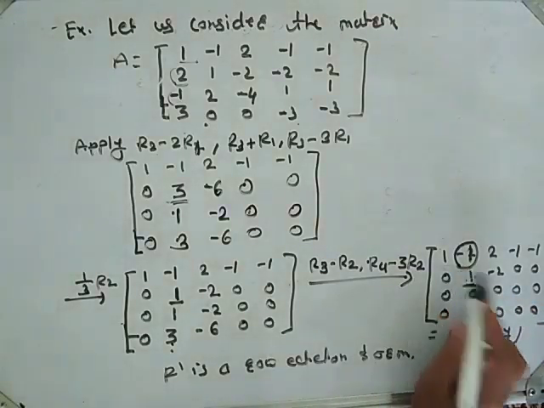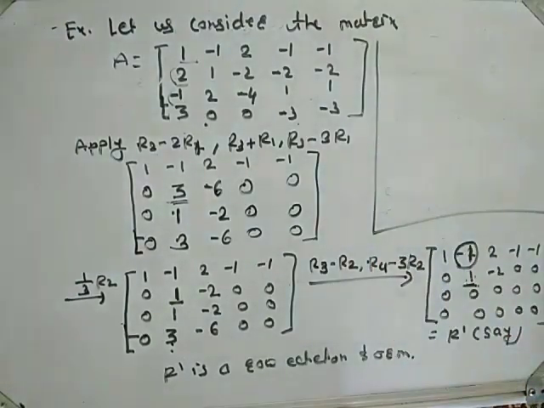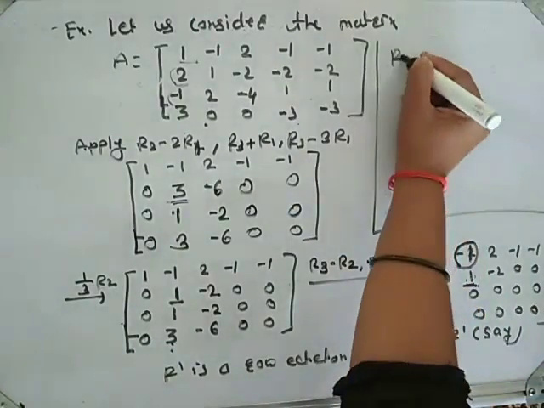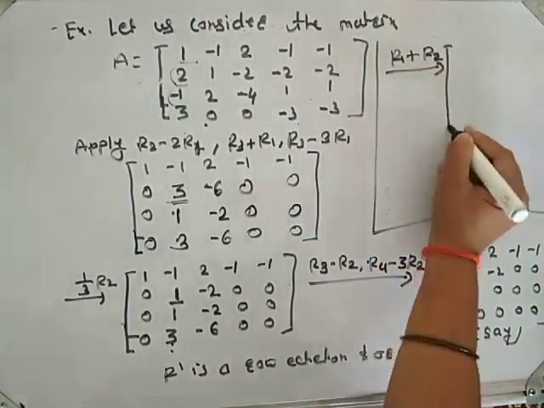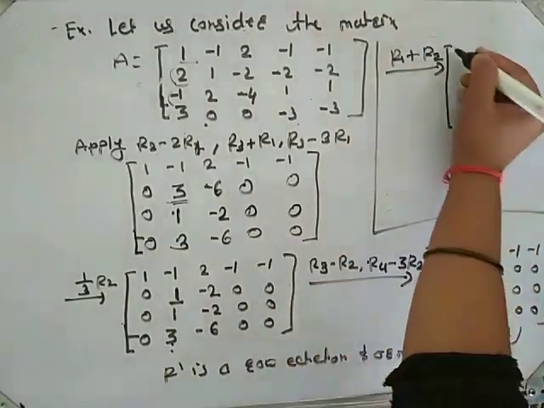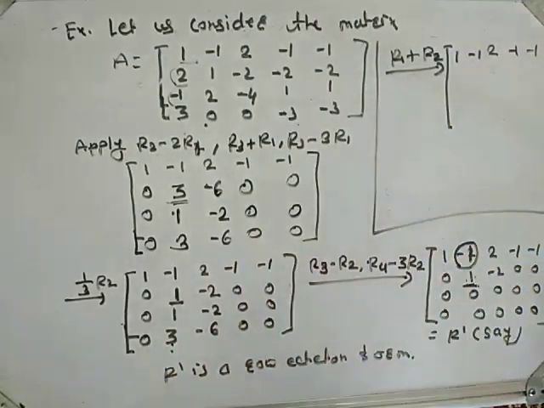That's why we require 0 here. For that, we will perform the row operation R1 plus R2. So we will get a matrix 1, minus 1, 2, minus 1, minus 1 as it is.